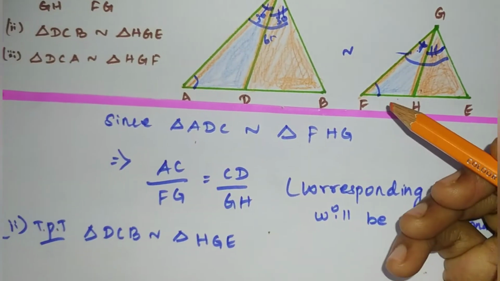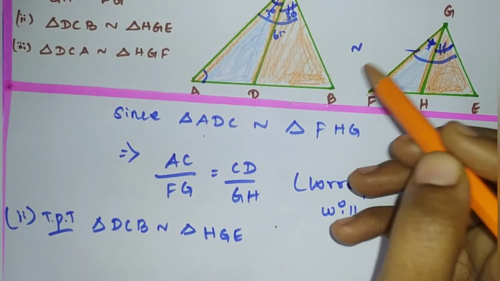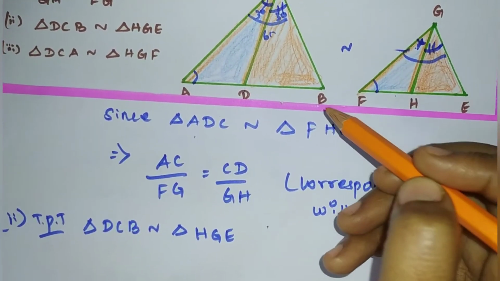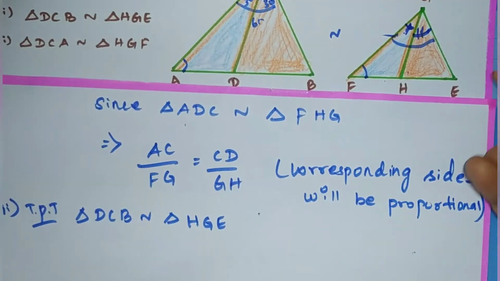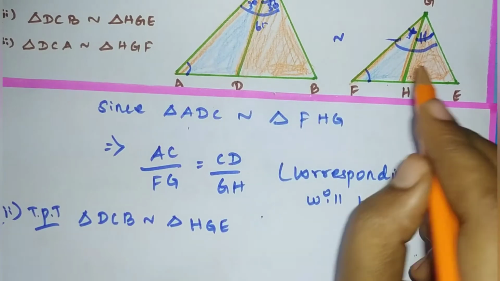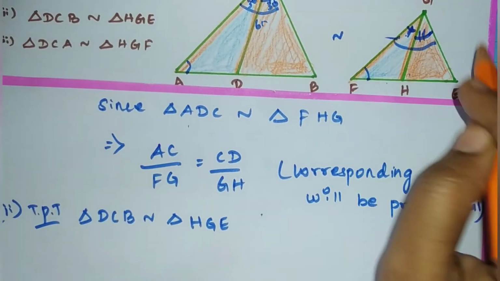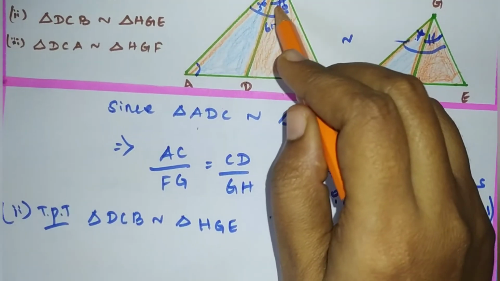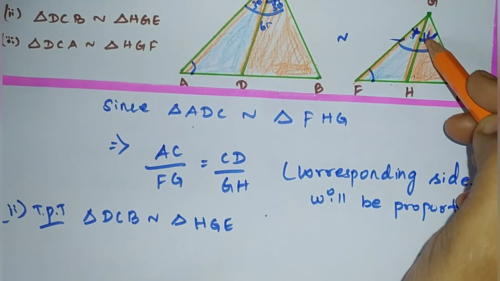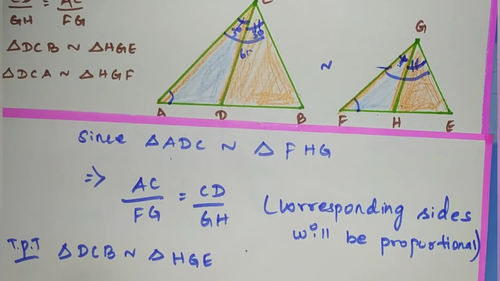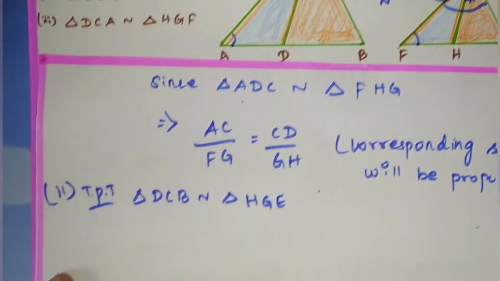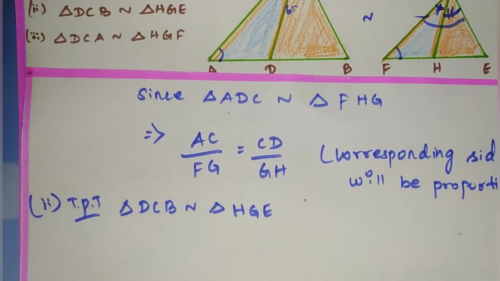By AA criterion of similarity. I am going to prove this theorem. Angle B is equal to angle E, since the whole triangles are similar. And then I can tell that these two angles are equal. So by AA criterion of similarity, I can tell that the two triangles are similar.